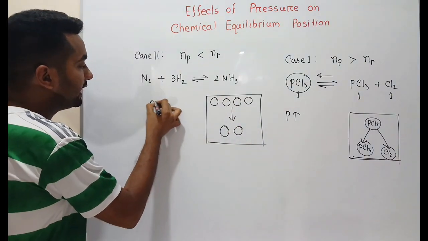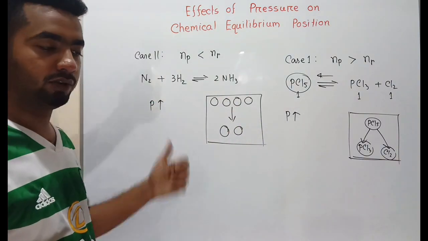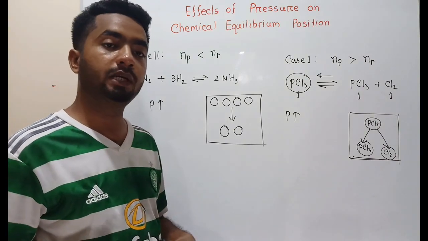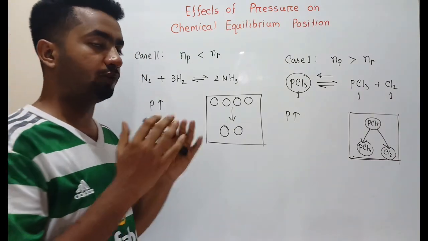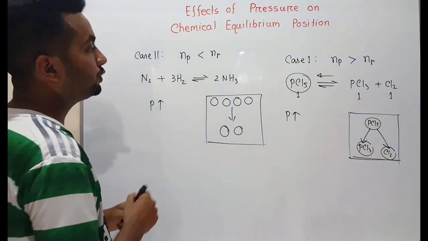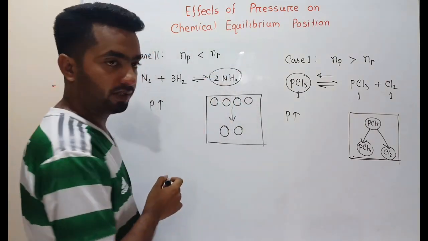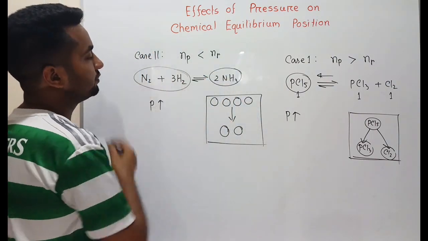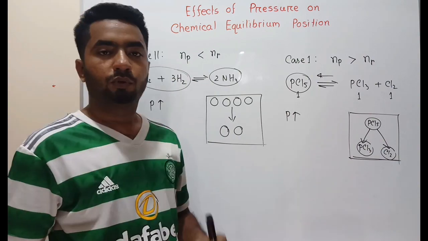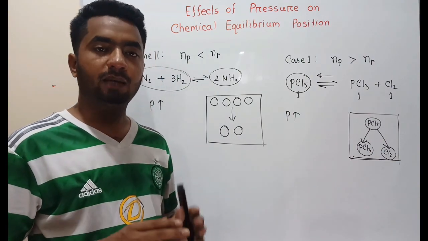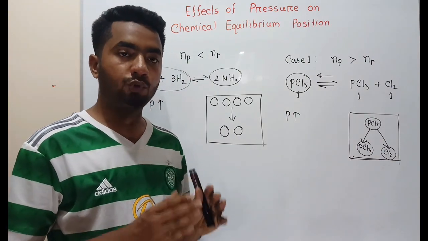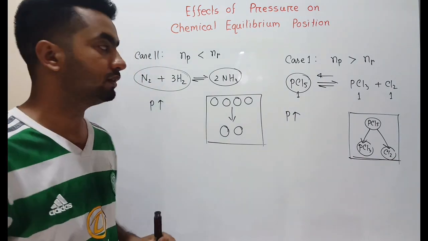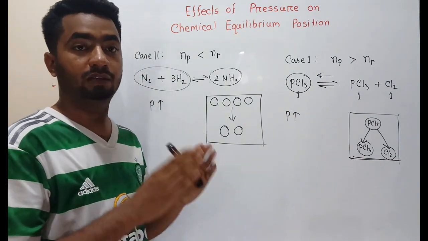That means if we increase the pressure for this chemical reaction, the chemical equilibrium position will be bound to move to the right, and the amount of ammonia will be increased and the amount of N2 and 3H2 will be decreased. So in summary, we can say that the chemical equilibrium position is bound to move to the side where the number of mole is lesser.